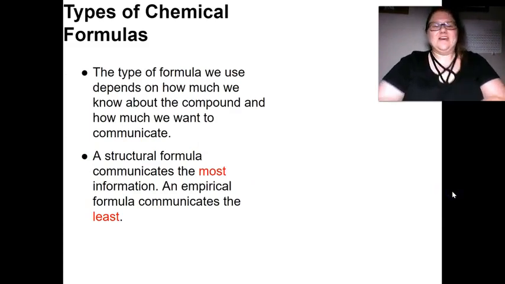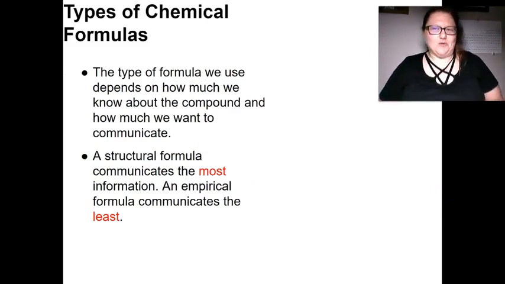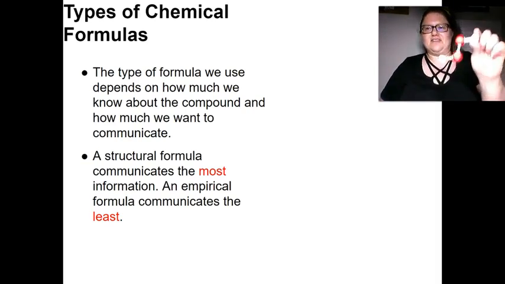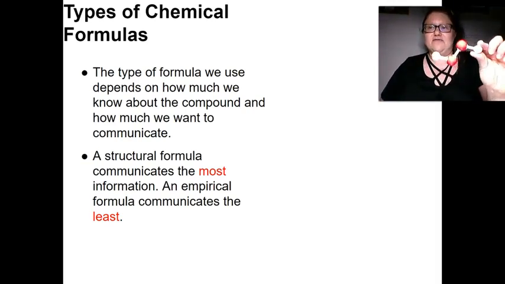All right, why do we use one formula type over another? Well, it depends on what we're trying to say. What type of information are we trying to give out? So structural formula, you want to remember, I put it in red there for you. Structural is always going to give you the most information because if it's geometry, that's very specific on how things are connected.